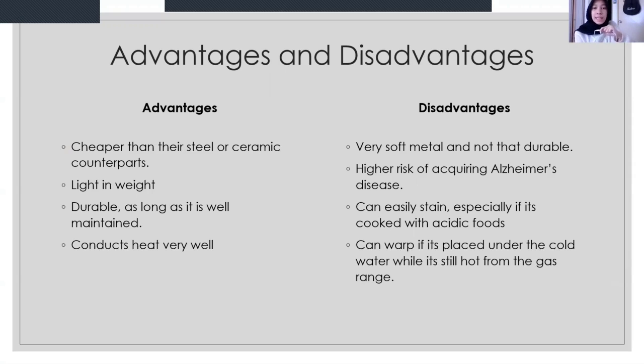Firstly, it is a very soft metal and not that durable. It also carries a higher risk of acquiring Alzheimer's disease. It can easily stain, especially if cooked with acidic foods. And lastly, it can warp if placed under cold water while it is still hot from the gas range.